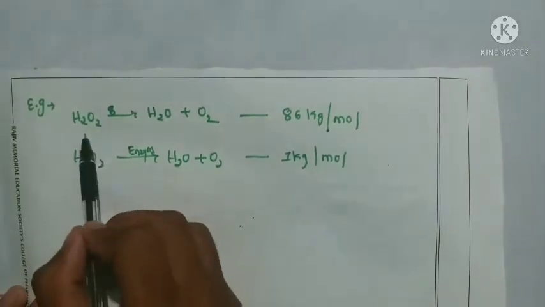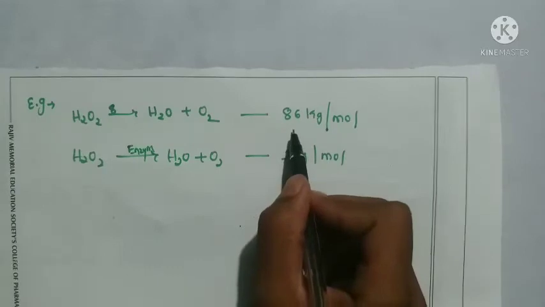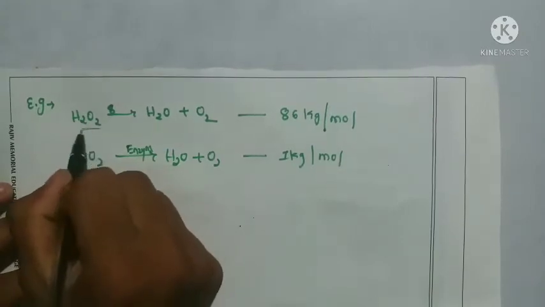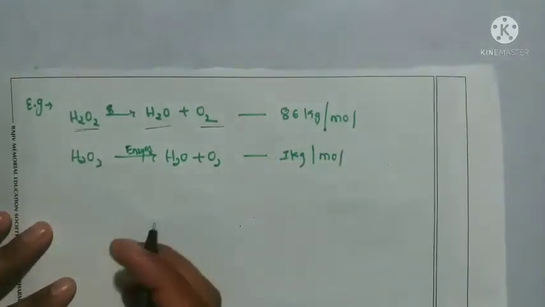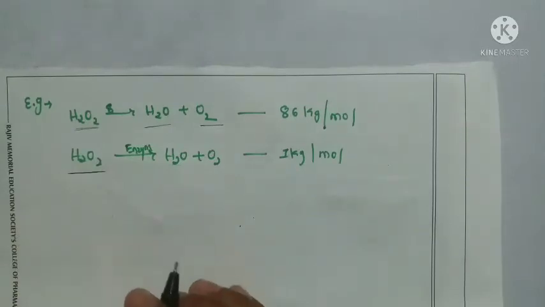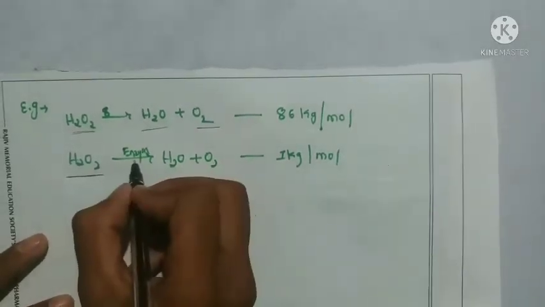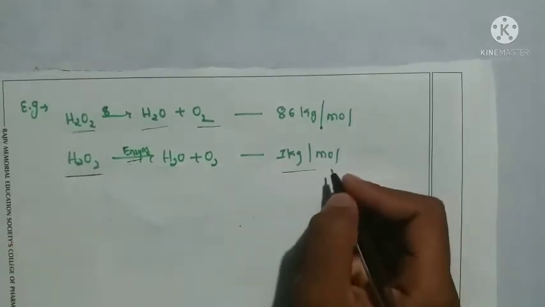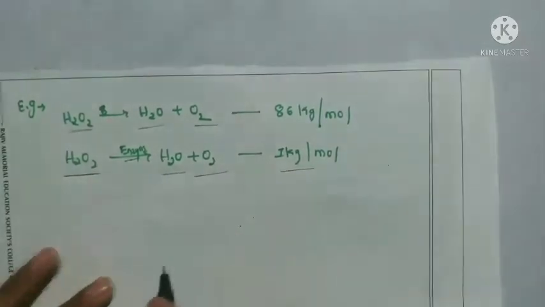When hydrogen peroxide is converted to water and oxygen, we must apply 86 kJ per mole of energy for the hydrogen peroxide to break into water and oxygen. When the enzyme catalyst is present, it requires only 1 kJ per mole of energy to break the hydrogen peroxide into water and oxygen.